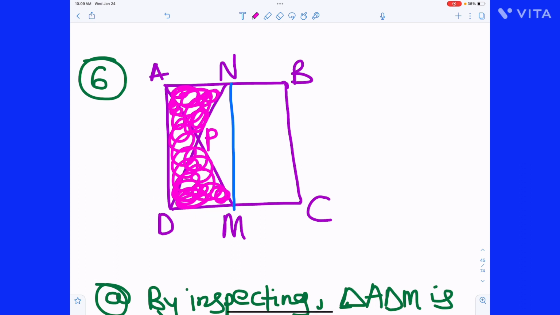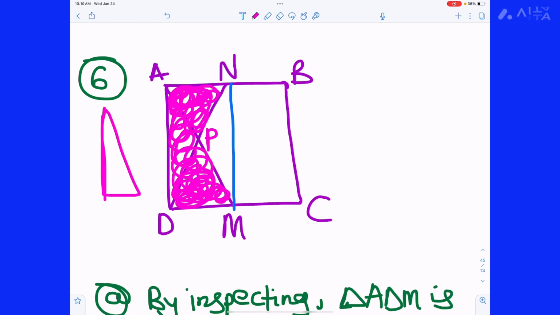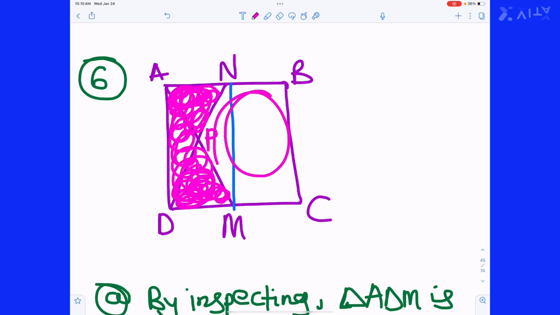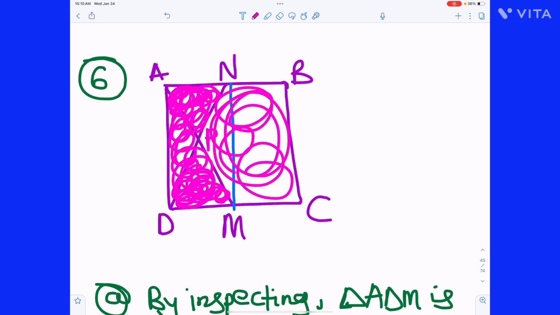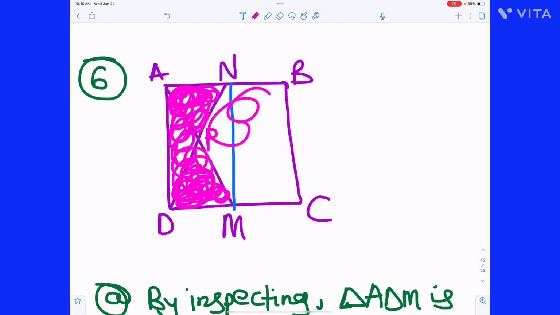So I think we have marked out where it should not be. If it is not in any of these shaded regions, ADM and ADN, that means it falls in the remaining area.